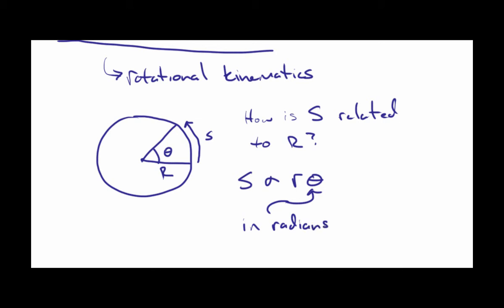And that, in a nutshell, is why we use radians, so that we can relate rotational quantities such as theta, such as an angle, to linear quantities such as arc length or the radius of a circle. I switched over to a little r here. Sorry about that. That was actually, as I drew it, a big R. Okay. So as long as you measure theta in radians, then in this case, the arc length is exactly equal to the radius times theta, s = rθ. And we're going to come back and use that in a little bit.